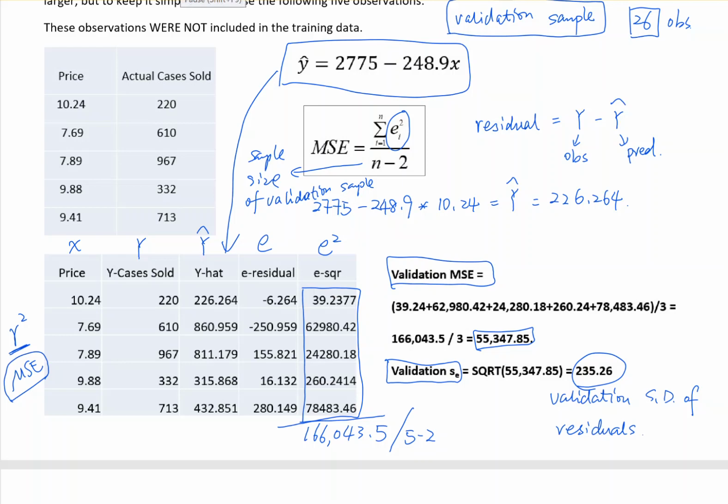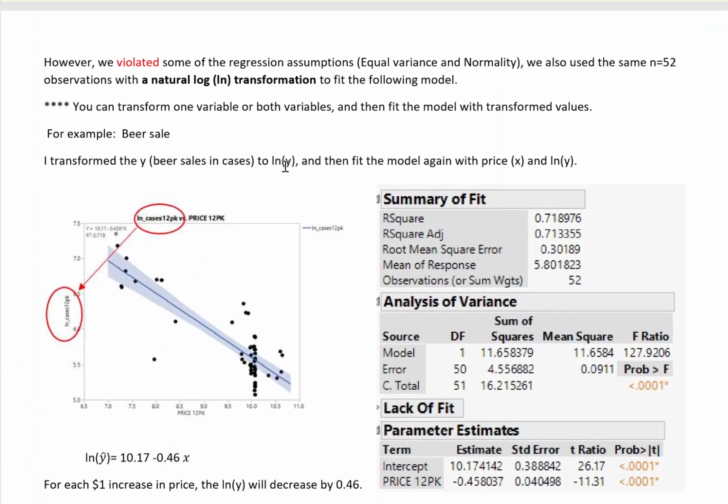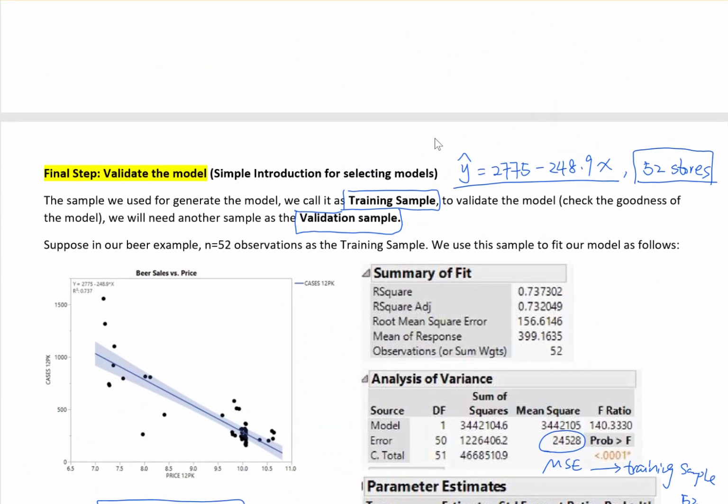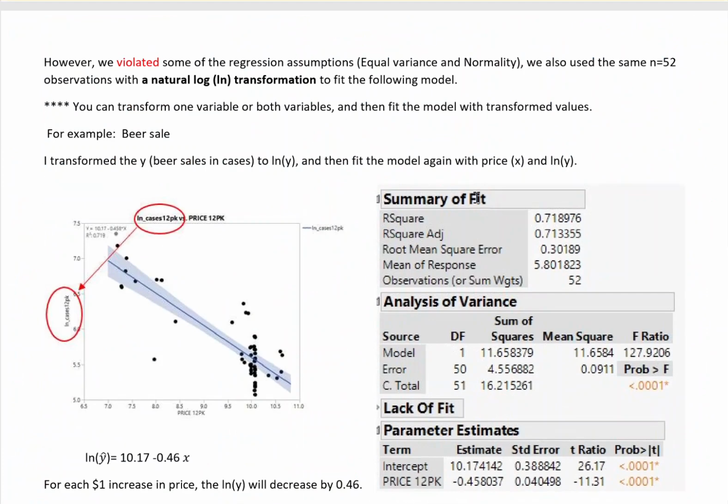All right, so now let's think about any other options, or any other linear regression models that can describe this data set. In our old regression equation, when we checked the assumptions, do you remember, we had two assumptions not satisfied, which were the equal variance assumption and the normality assumption.